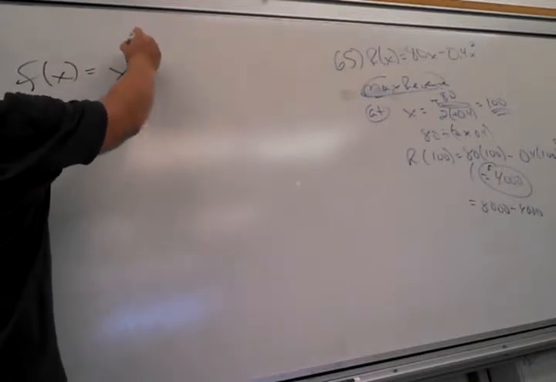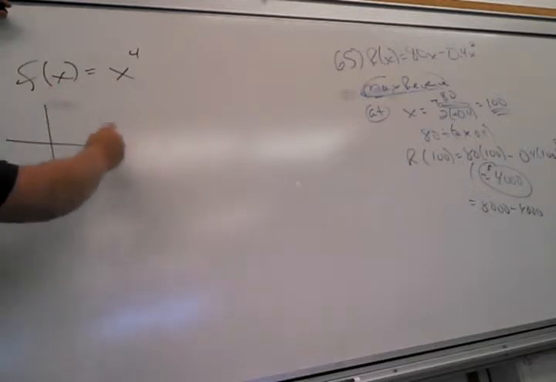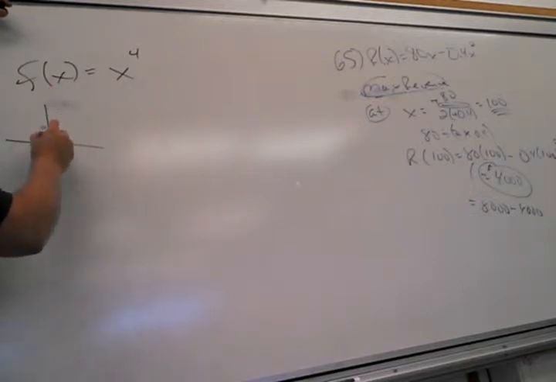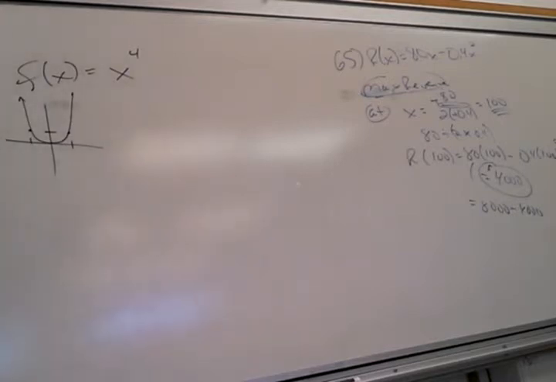Obviously, if I have this function, what will it look like? A parabola, a wider parabola. It looks like a parabola that goes up a little bit slower here and then faster there. You guys with me? So what happens?